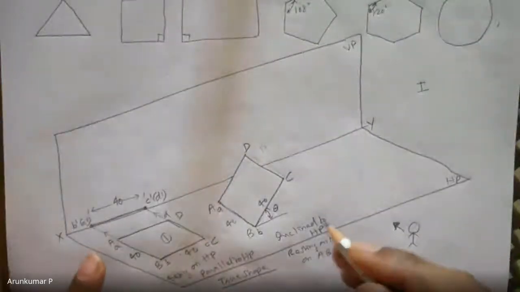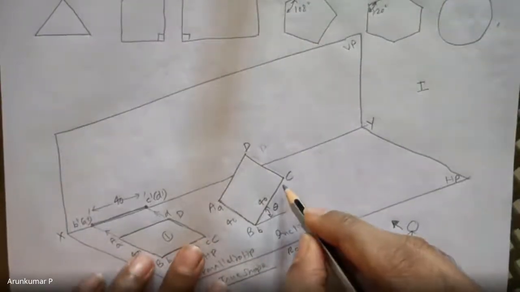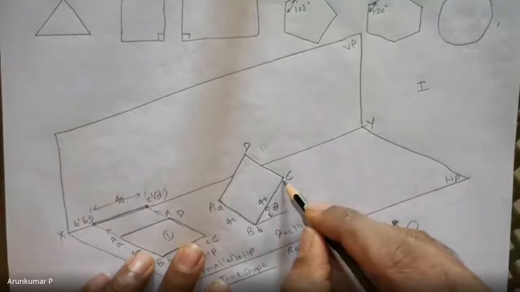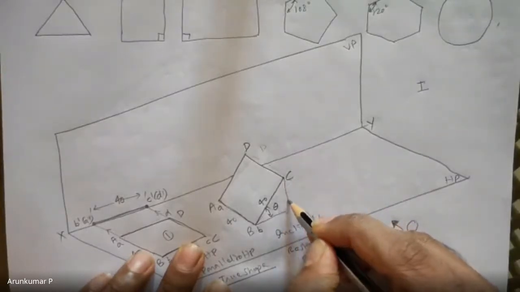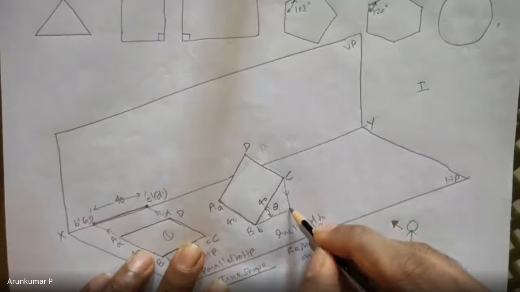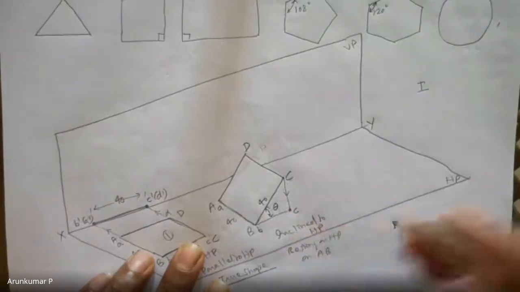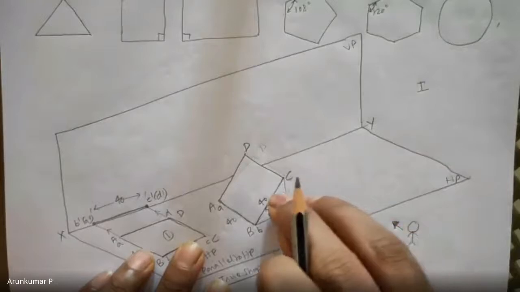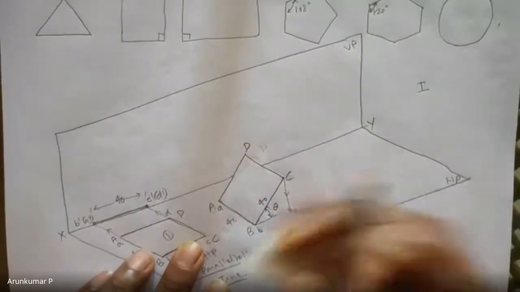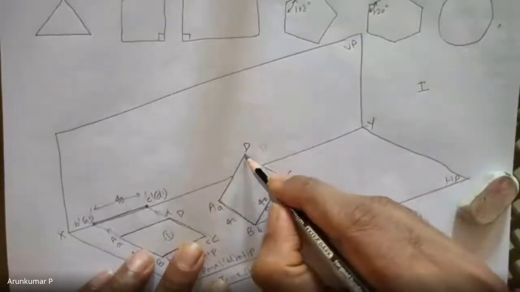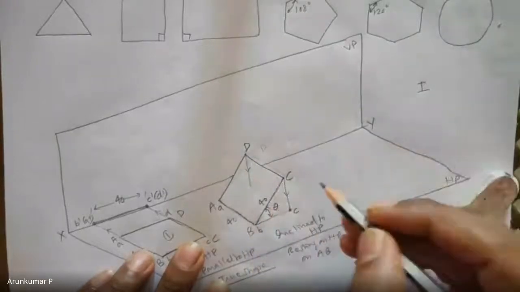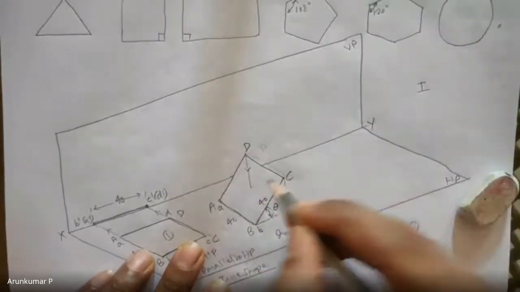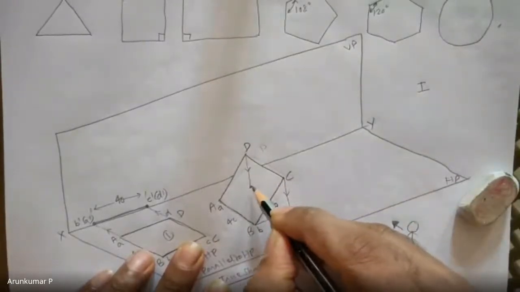I'll just draw and show you. Please observe, when you look from the top, this is a projection of the point C, maybe till here. This is small c. And then this is the projection of small d, the point D, maybe till here.